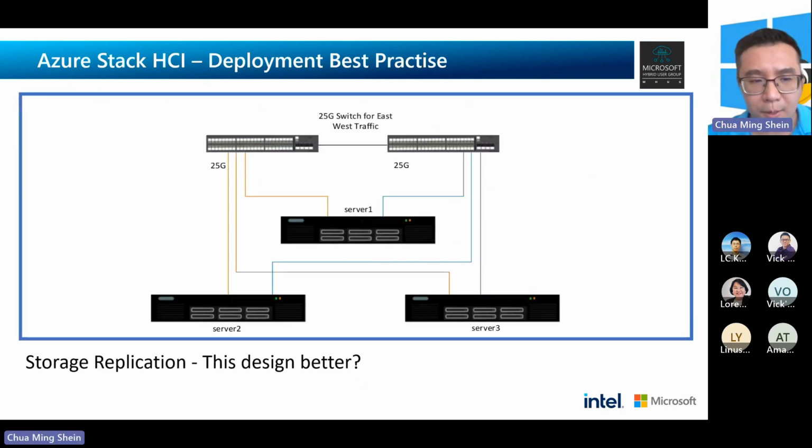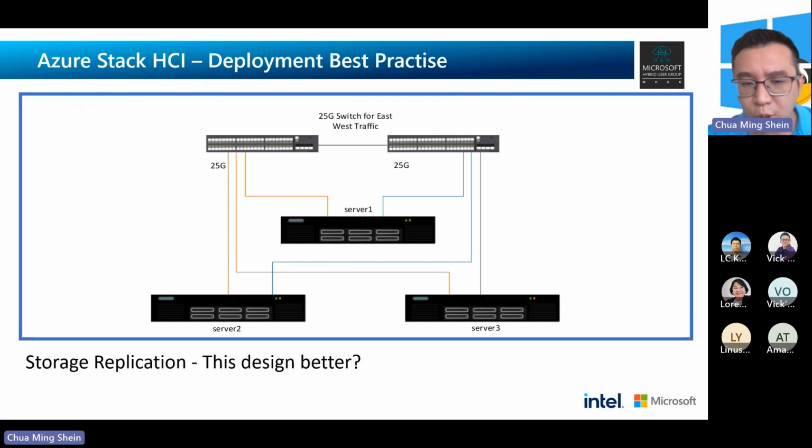And the second one is about the storage replication. As we know, when we set up Azure Stack HCI, we have the option to deploy using switchless, and another one using a switch. So let's say you deploy a very small number of nodes, the minimum, like 2 nodes, 3 nodes, and the maximum is 4 nodes.